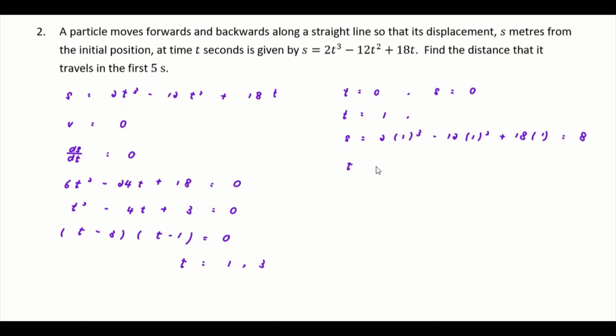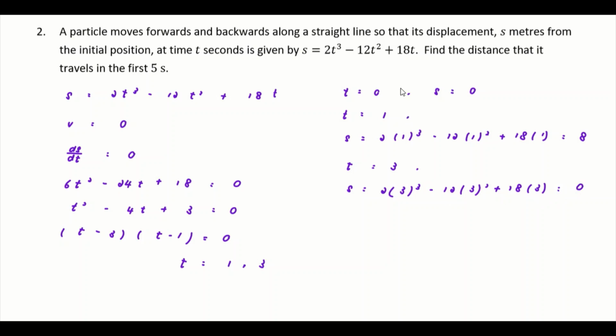Then when t = 3, what is s? s will be 2(3)³ − 12(3)² + 18(3). By calculating this, I'll be able to get 0.